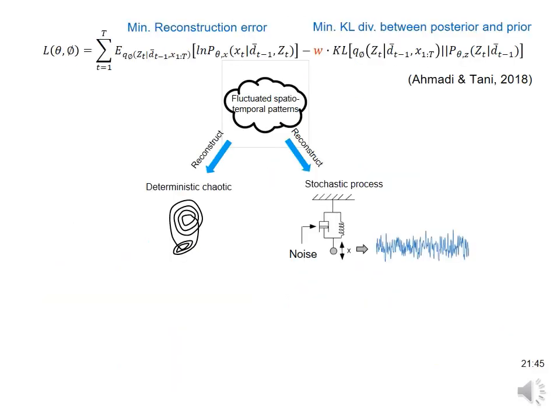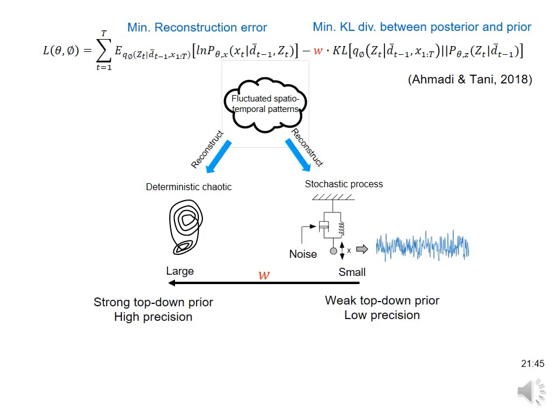Now I'd like to summarize what we have seen so far. We are changing the W, the meta prior, with the prior constraining the complexity term. In the case of a larger W, the fractal temporal pattern is embedded in deterministic chaos, but if W is small, it's embedded in stochastic dynamics.